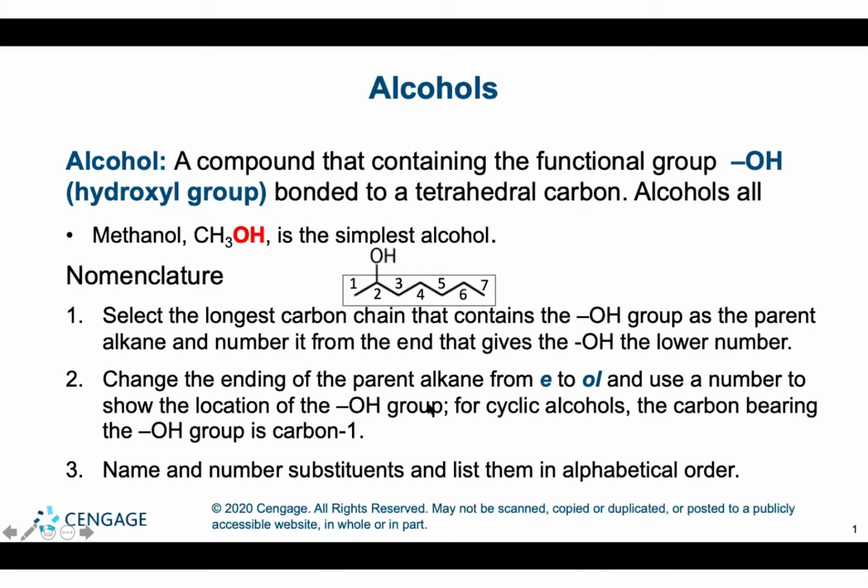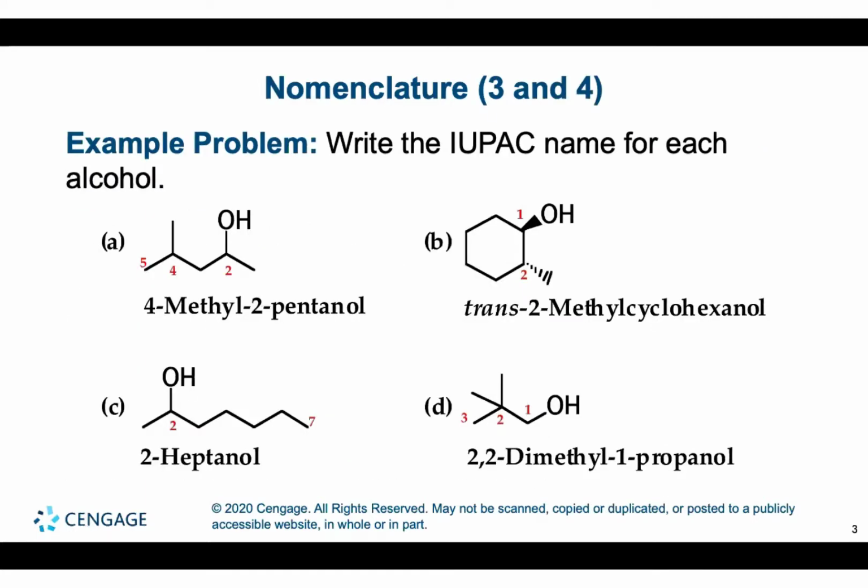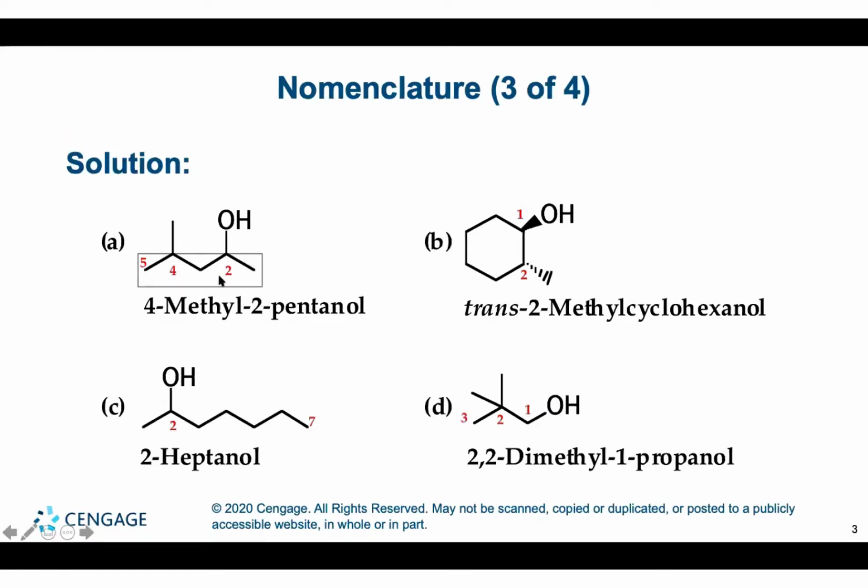Then if there are substituents, we should write them down in alphabetical order. Let's do some examples of alcohols. What's the longest chain here in A? We should start numbering from which side, guys?